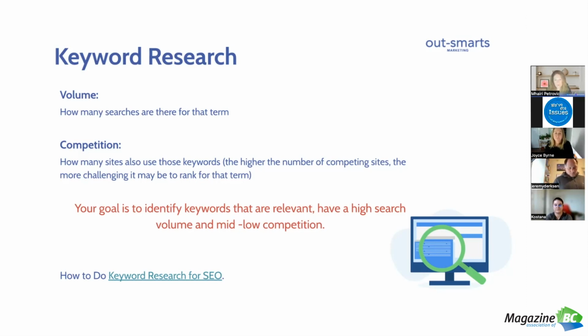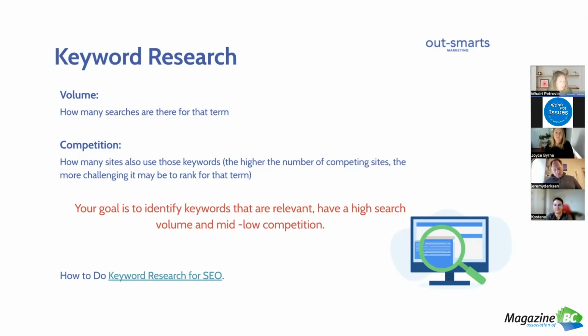So we call that long tail keywords. You're still looking for long tail. You're still looking for high volume in your long tail keywords, but it helps make it more specific.